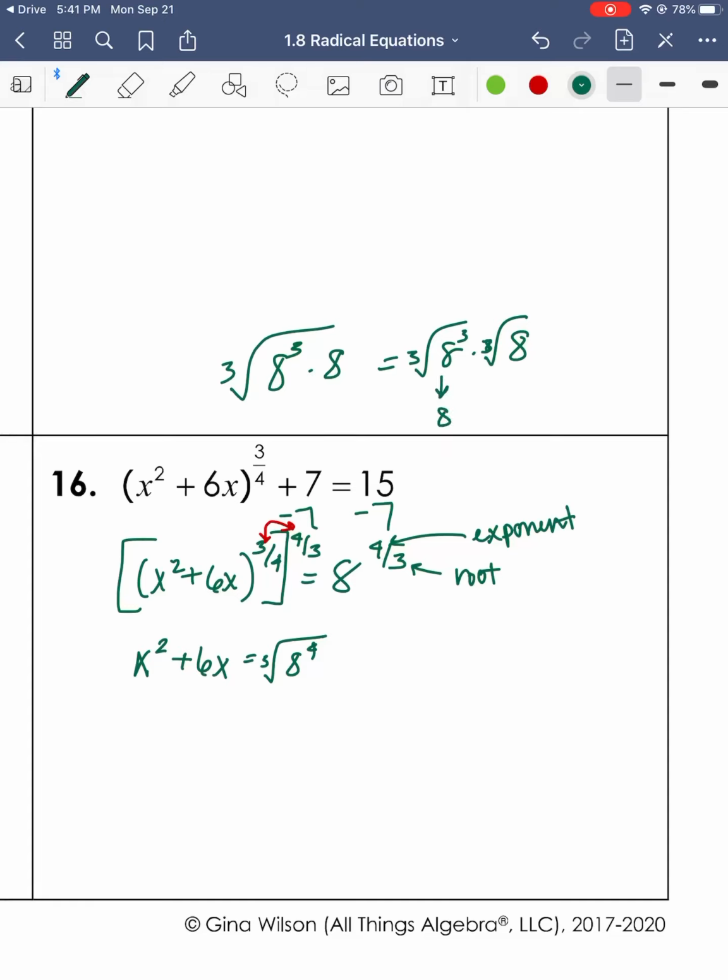Here, this reduces down to just 8, and this reduces to 2, so we have 8 times 2, that's equal to 16. So this is actually going to be equal to 16 here.